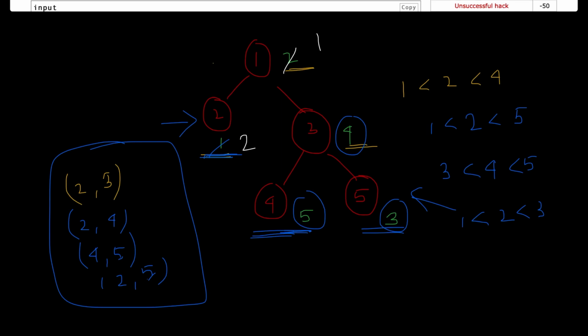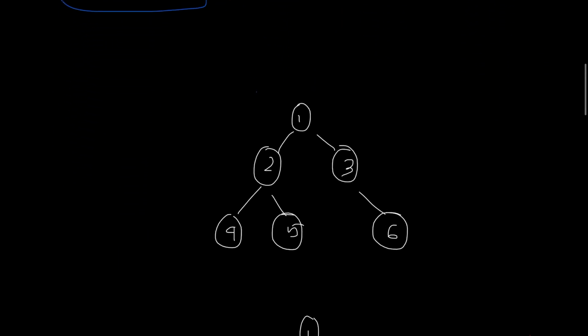Now let's try it with a different example. Here we have another tree with 6 nodes. Now let's write a permutation like 1, 2, 3, then 4, 5, and 6.